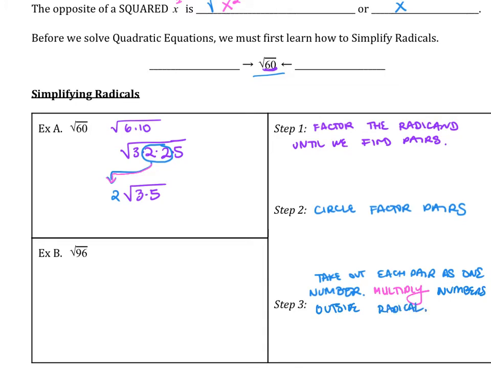If we take out 2 pairs of numbers, you multiply them together. If there's something already there, you multiply it by the number you're taking out. The next thing you do after you multiply is simplify what's left, the remaining factors under the radical.